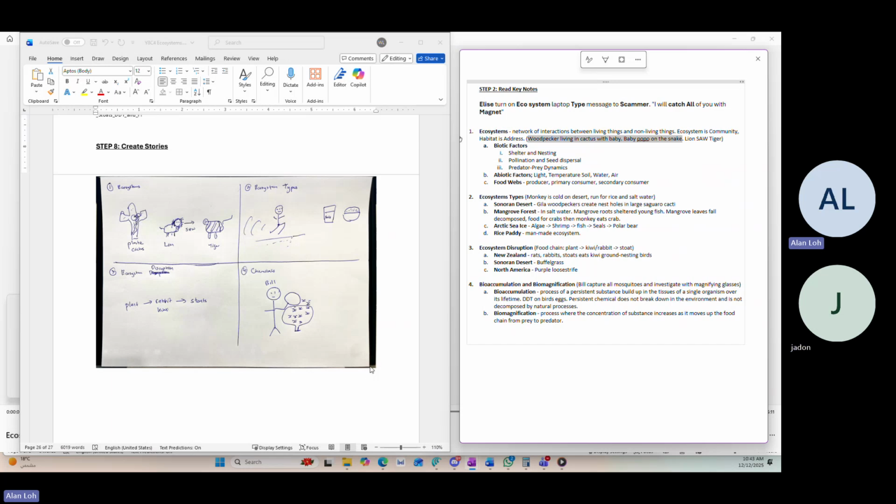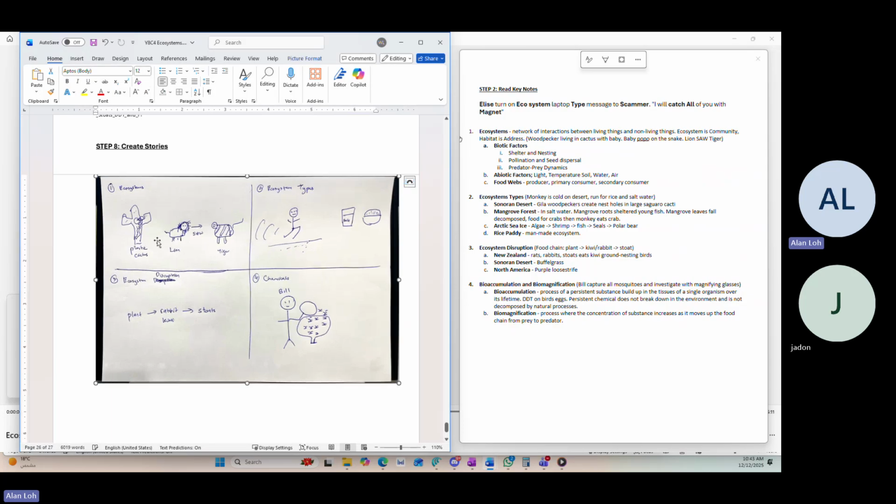Then let me just zoom out. Okay, I have this very small bird over here. It's pecking the woodpecker, with a hole in between. And there's a baby inside, right? And then the baby poo-poo on the snake.